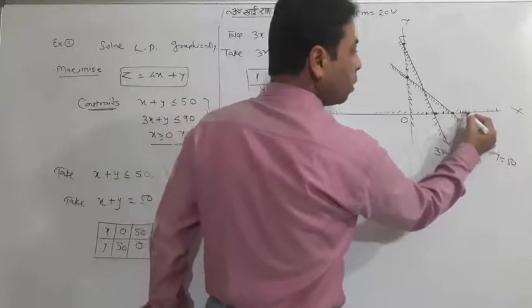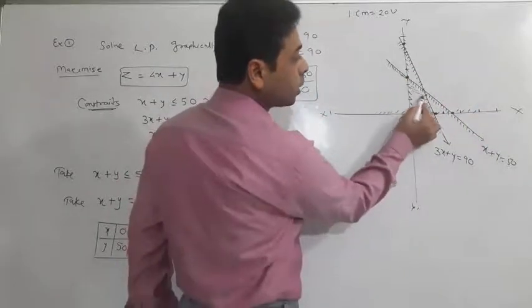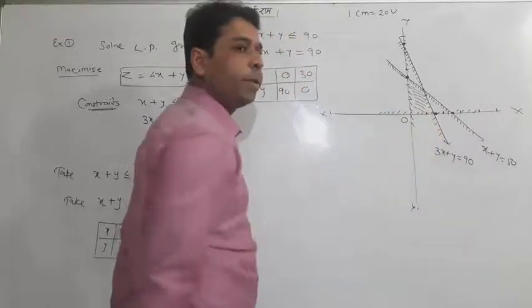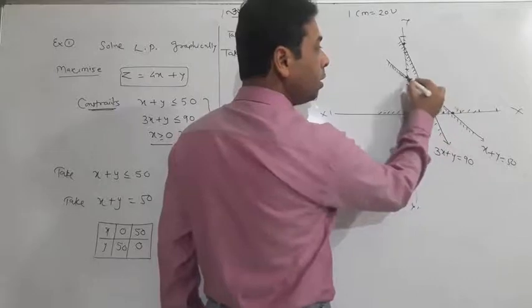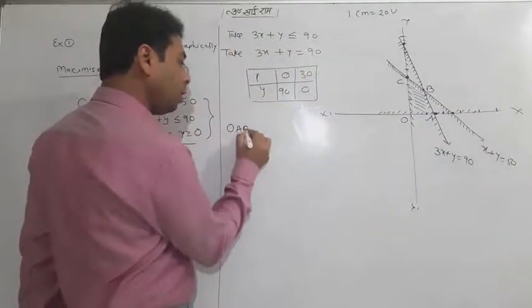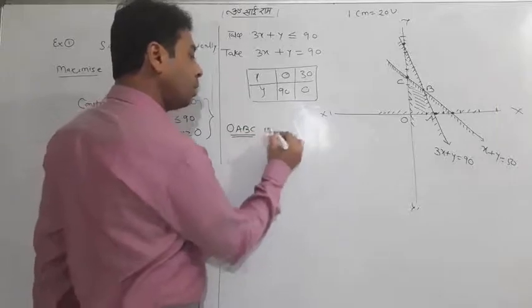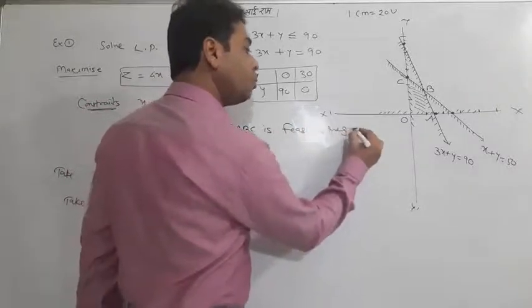So if you focus on all of this, you will feel that this region is a common region. And O, A, B, C is your feasible region. So O, A, B, C, which is common, is a feasible region. That is bounded.